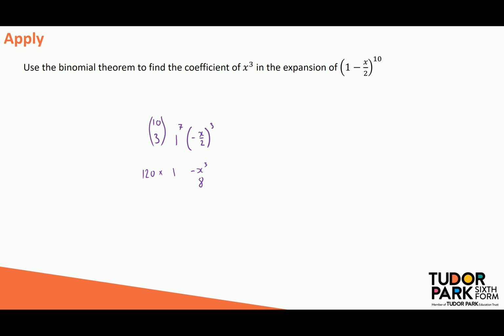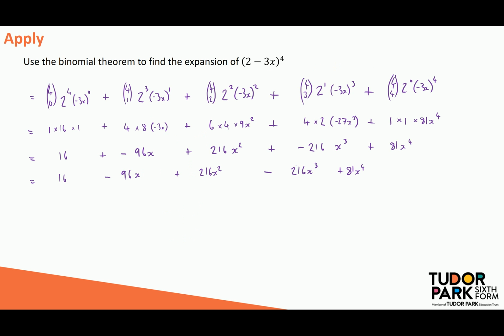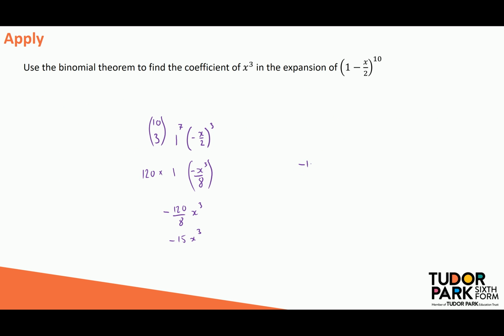Again, being careful here that I take that negative into account. Tidying that up, I'm then going to have minus 120 over 8 x cubed, or minus 15x cubed. Now the question asks for the coefficient of x cubed, so my answer here would simply be negative 15. And that's the lot.